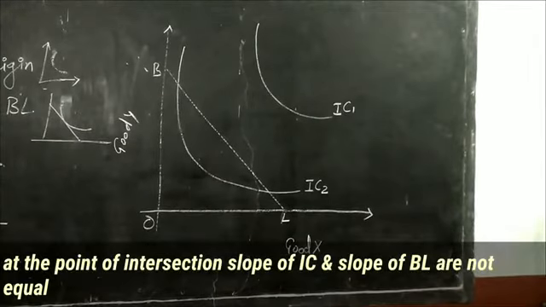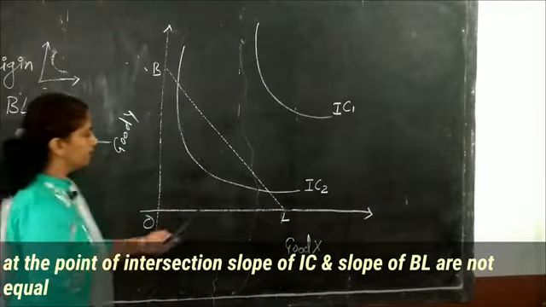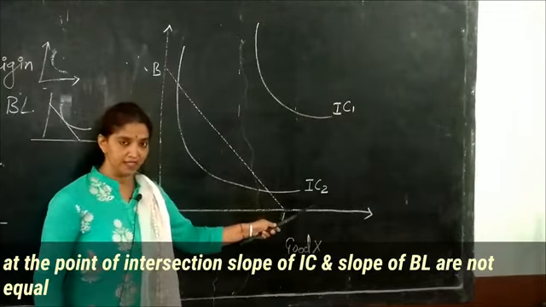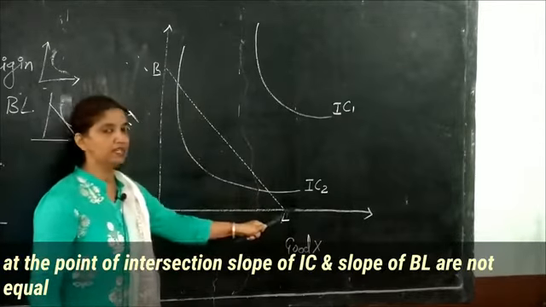With reference to IC2 and the budget line, in this condition, the first condition, about convexity to the origin of IC, is fulfilled. But the second condition, that IC should be tangent to the budget line, is not completed here. This condition is not fulfilled in this curve in accordance with IC2, because IC2 is intersecting our budget line.